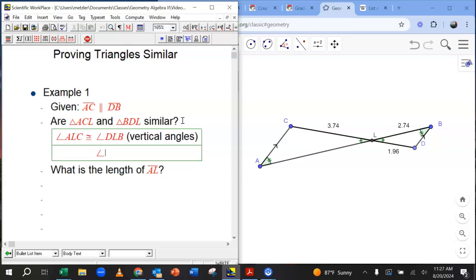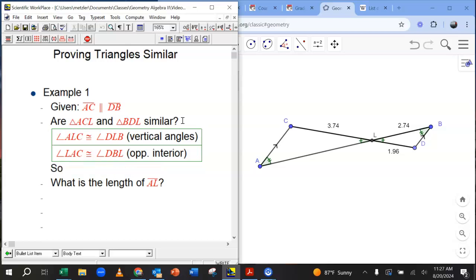And then angle LAC is congruent to angle DBL. And that was opposite interior. And so we've got our AA, which is enough for AA similarity, but we really want to say it carefully.